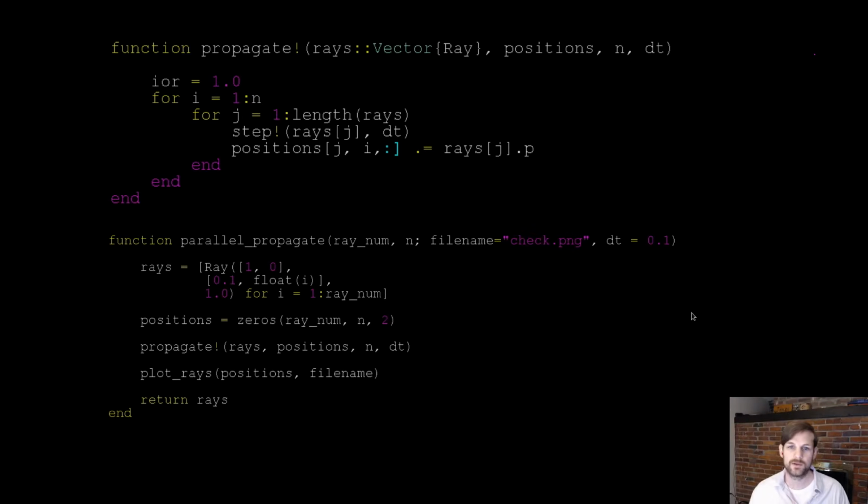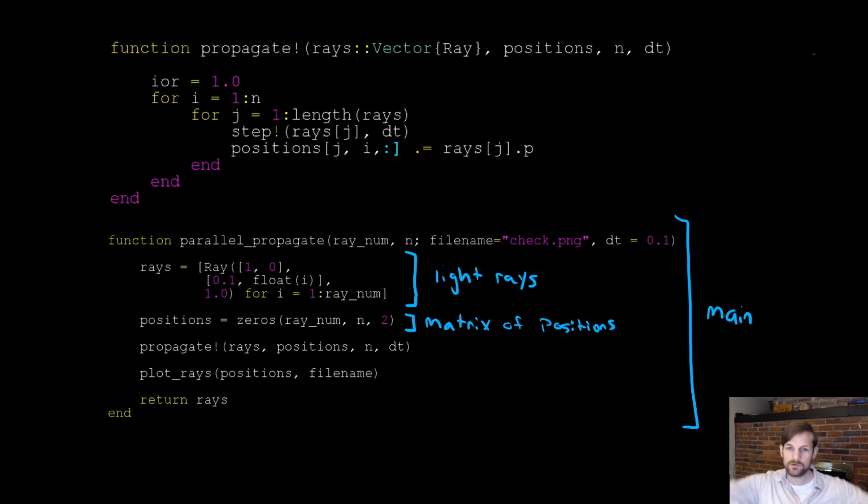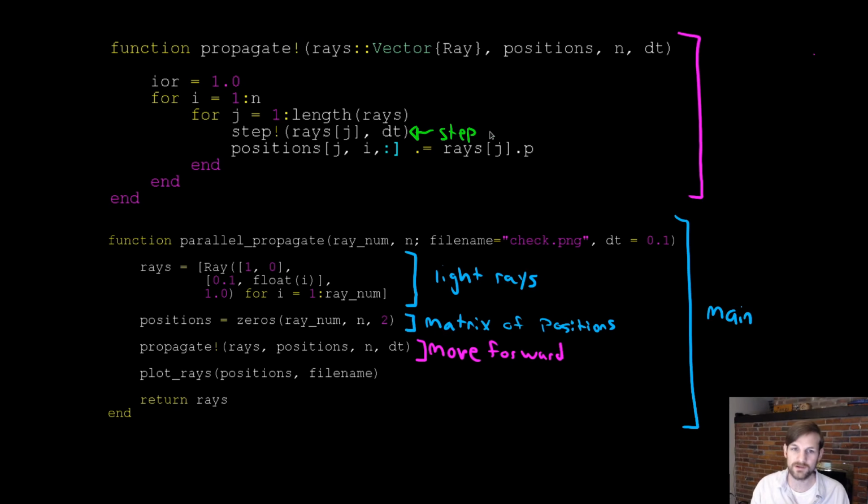So now we need to create a main function that creates a bunch of rays of light and moves them forward with time. In addition, we need to create some function, which I'm just going to call propagate, which just calls the step function every time step. Here, I'm going to store all of the values of the rays of light in some large matrix, where each column is an independent ray, each row is a time step, and the depth dimension will simply be the x, y coordinates of our ray.